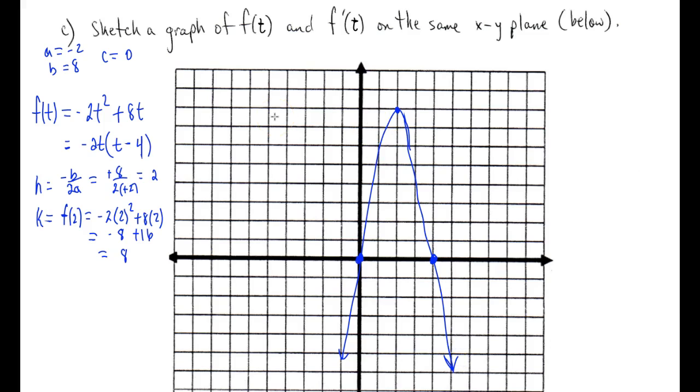So now what we need to do is draw our line. So our line is the derivative, which is negative 4t plus 8. So we know here the y-intercept is at 8. And if we want to find another point on the graph, we can just use the slope. So we can go down 4 units and to the right 1 unit. So 1, 2, 3, 4, 1 unit.